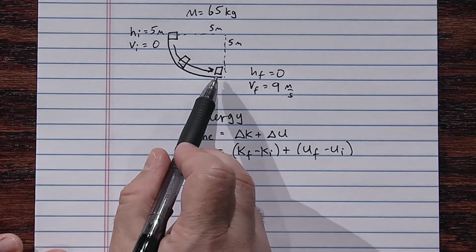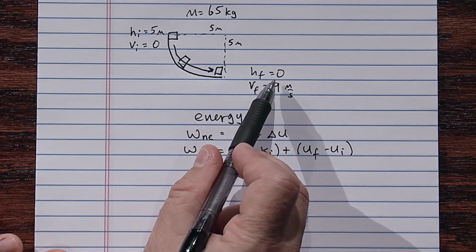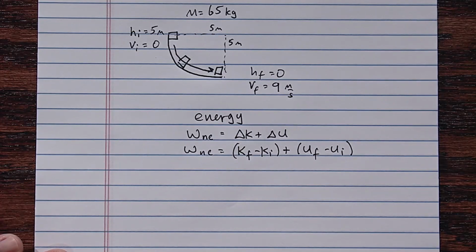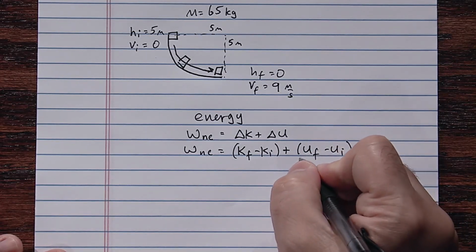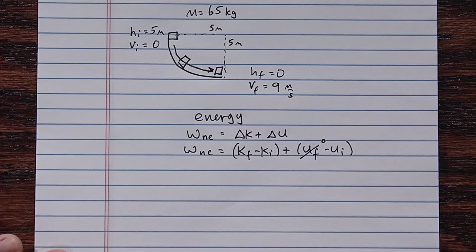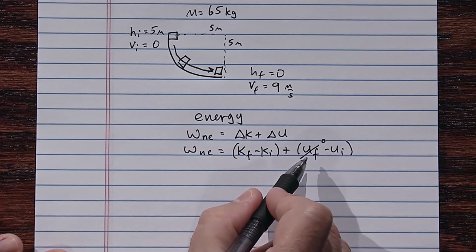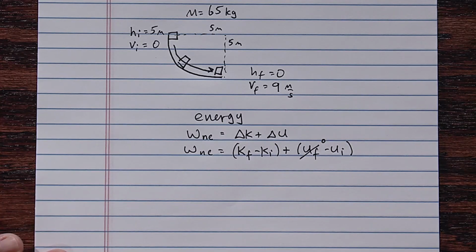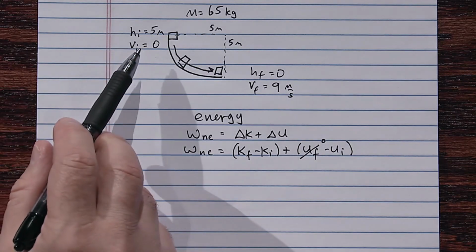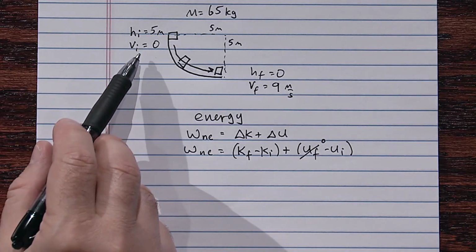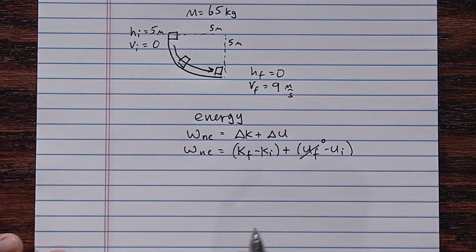And when he's at the bottom, height final is 0, which would tell us that his final potential energy is equal to 0. Because remember, potential energy is mass times g times height. So if his height final is 0, then his final potential energy will be 0. And if he starts from rest, then if his initial speed is 0, then his initial kinetic energy is also 0.